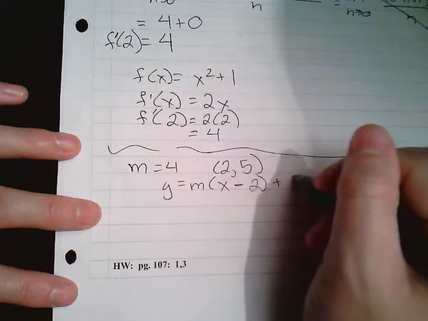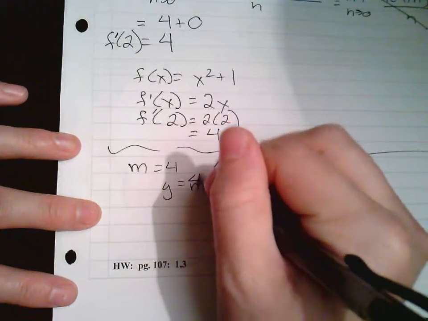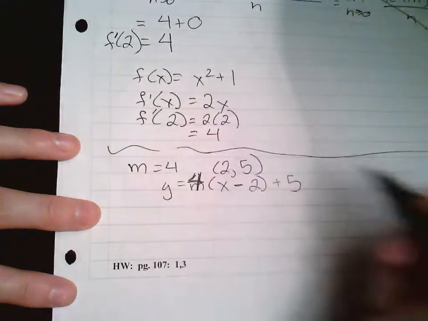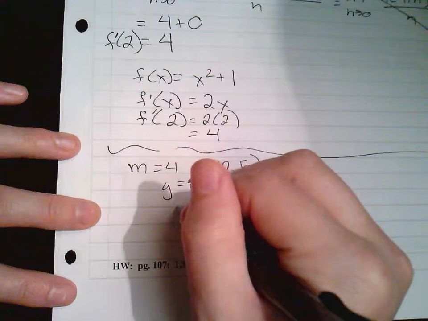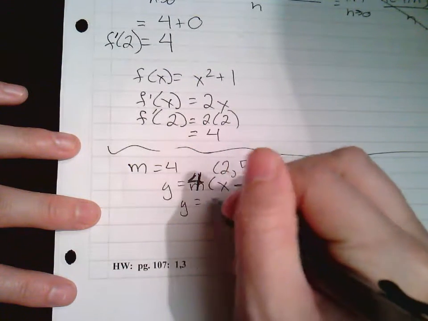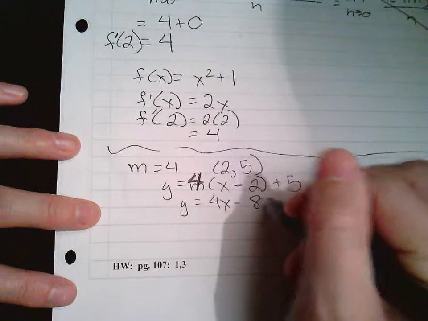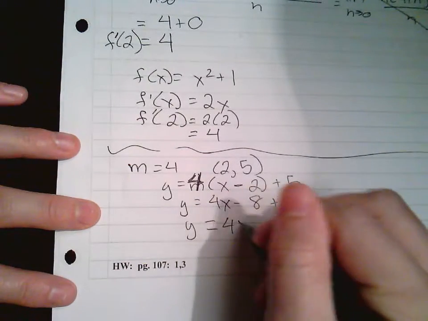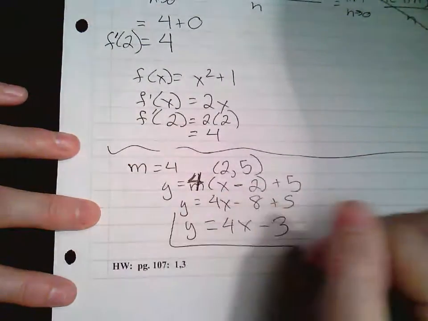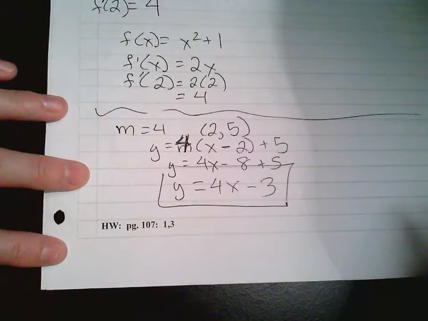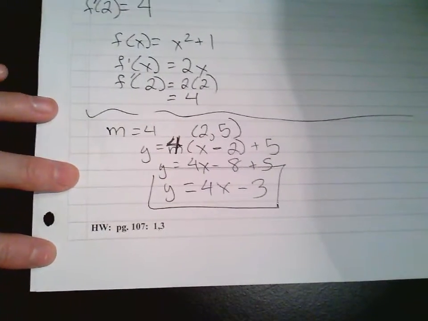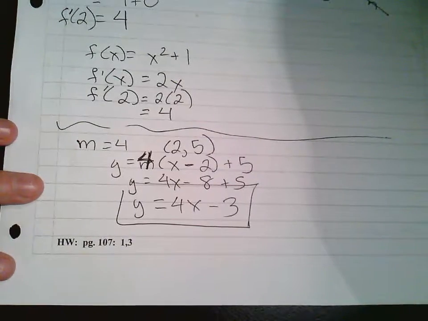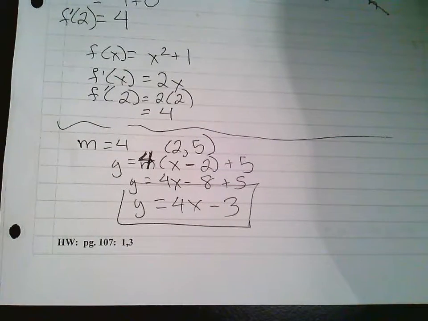Oops, that's supposed to be 4. So in slope-intercept form, it's y equals 4x minus 8 plus 5, so your tangent line is y equals 4x minus 3. And there you go. That's how you find the slope, or the derivative, and the tangent line at an x value.